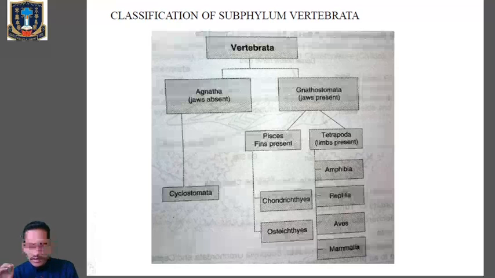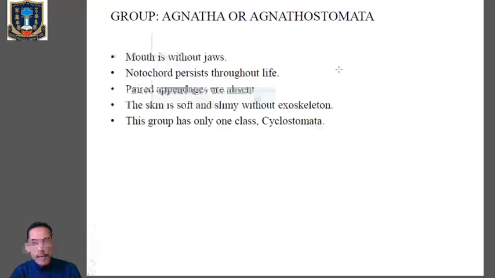So let us check out the characteristics of the group Agnatha, the jawless vertebrates, because Agnatha means without the jaw. A means no. So the group Agnatha used to have a mouth without the jaw, and notochord persists throughout their life.